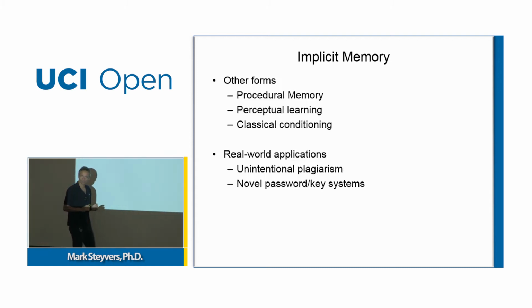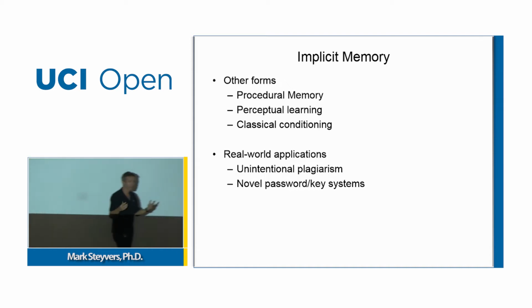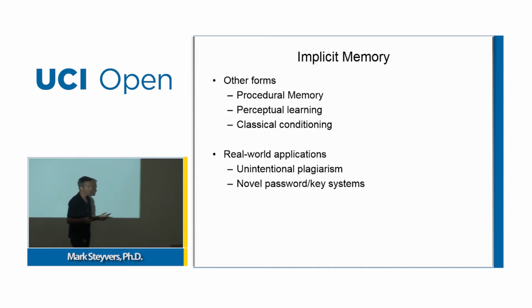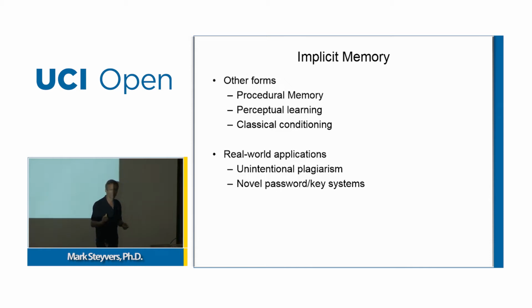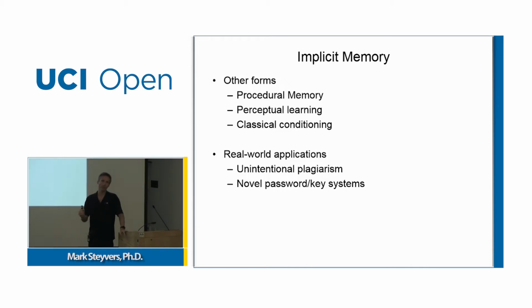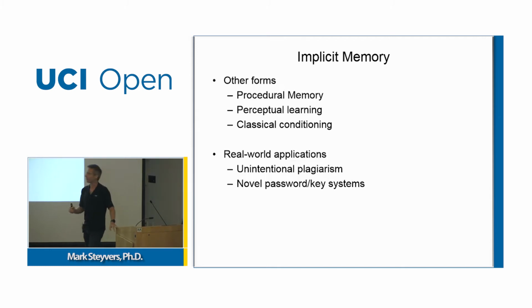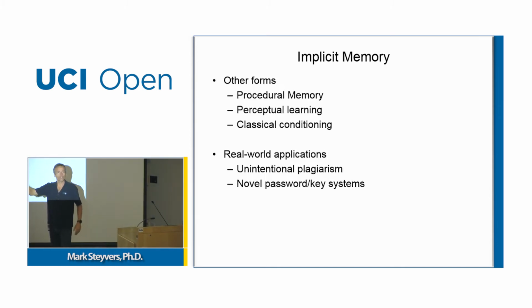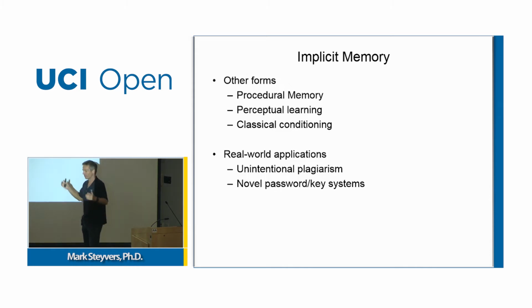Now this has led to some interesting lawsuits. One involved George Harrison, a former member of the Beatles. He's a songwriter, and in the 1970s he wrote a song that sounded remarkably similar to another song that was a hit. The other artist sued George Harrison and said, "This song sounds so similar to this other song.